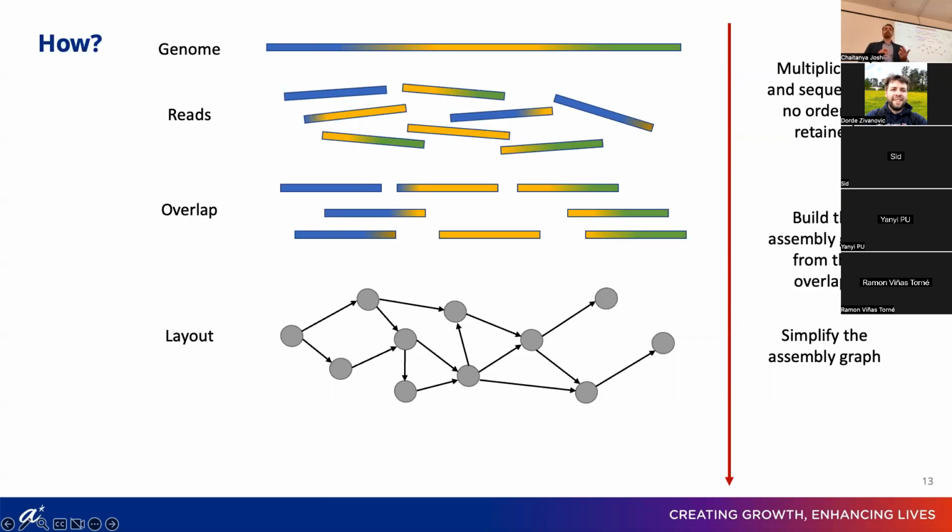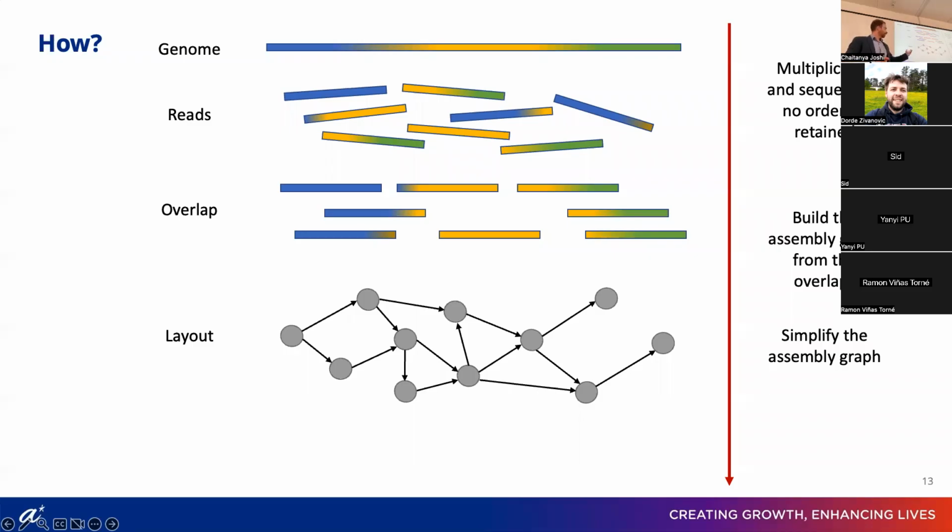And then your task is to find the ordering. You overlap all the sequences: you take one and overlap it against all the other sequences. And from this information, you can build the graph, which we call an assembly graph. Each node in the graph represents a sequence, and a suffix-prefix overlap represents an edge in the graph.